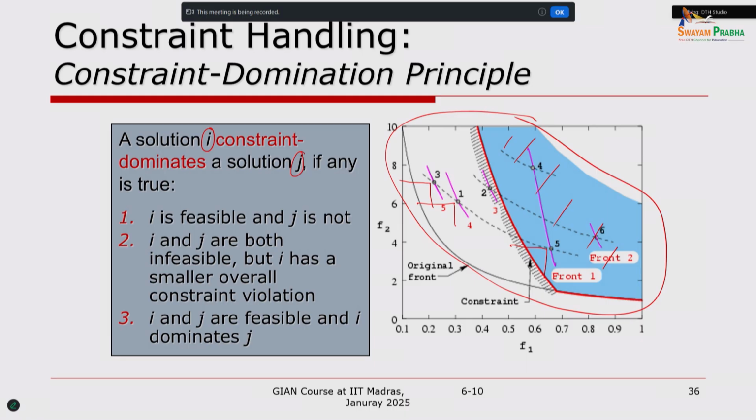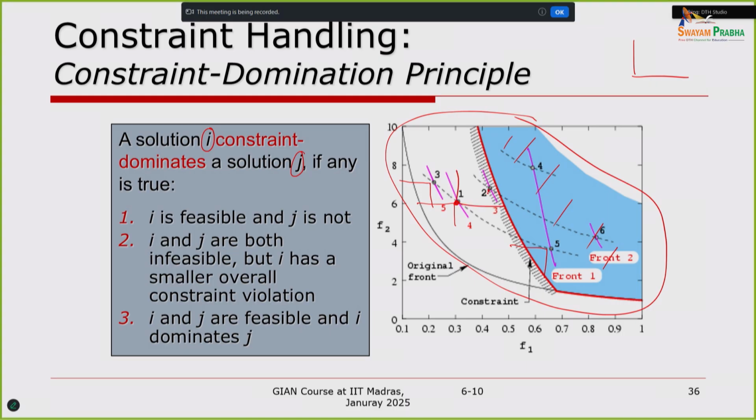So you pick 2 solutions to check whether one dominates the other. So in this case I said 1 dominates 2, right, because 2 lies in the first quadrant of 1. So 2 gets dominated by 1. Here 1 will dominate 2 if 1 is feasible and 2 is not.